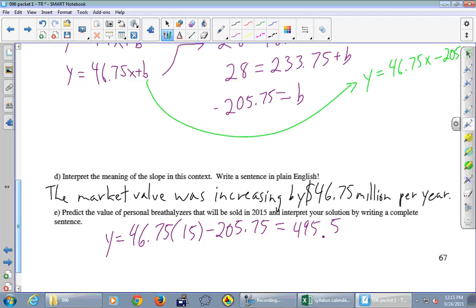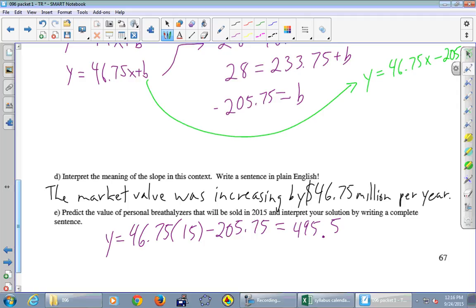Now there was a question like this on the Quest, and some people wrote down something like, well, I took the 2015 and I converted it to just 15 years, and then it was 46.75 per year, but then we had to subtract the y-intercept. I don't need your life story as you write the sentence, all right? This is a simple sentence. It just needs to have two numbers in it, the input number and the output number. What's the input number? 2015. What's the output number? 495. That's all. You just got to write a few words around those numbers and you've got a full credit sentence.